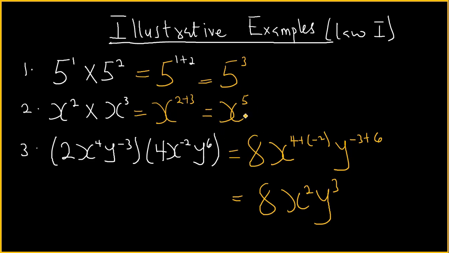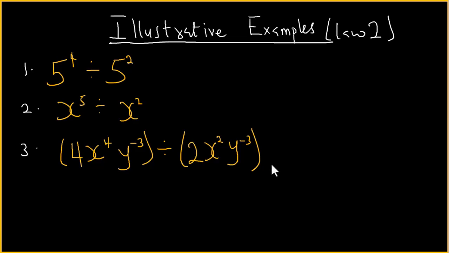Let's move on to examples on the second law with the same preamble. Examples on law 2. We have 5 as a base to the power 4 dividing 5 to the power 2.